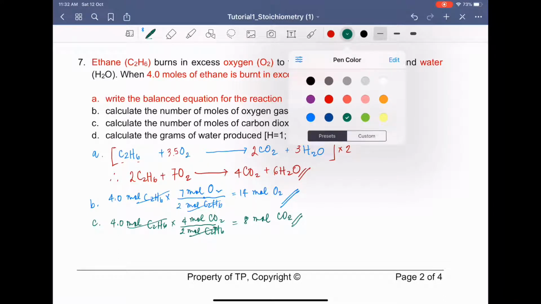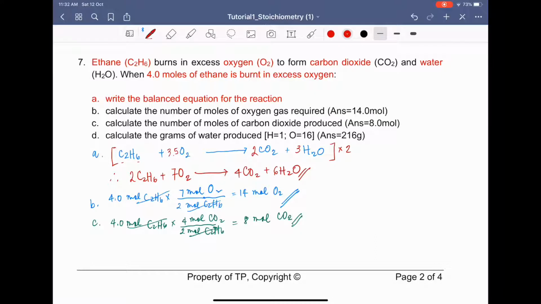Then change the color again. How about red? Letter D, calculate the grams of water produced. So we have 4 mole of ethane again, and divide by 2 mole of ethane from the balanced equation, and multiply by 6 mole of water.